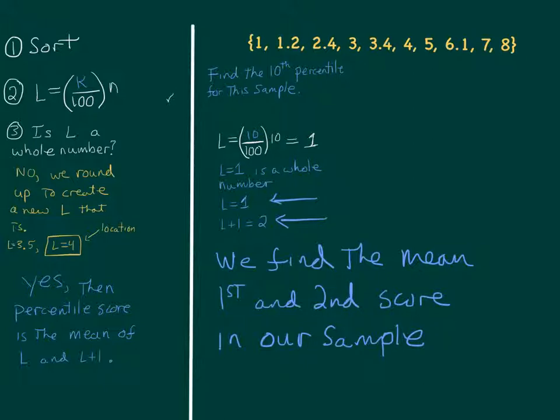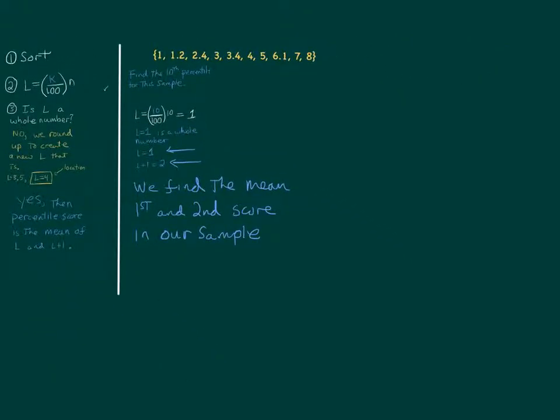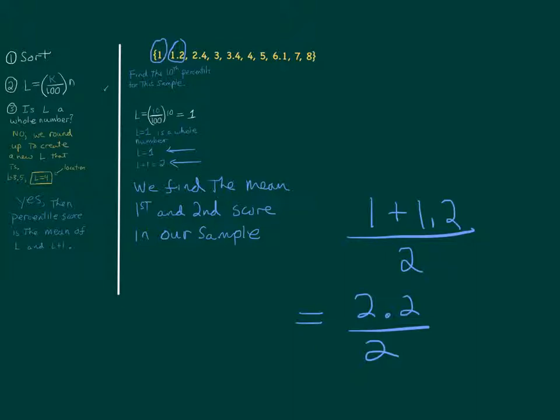So we find the mean of these two. Our first element is 1. Our second element in the sorted list is 1.2. We would add these together and divide by 2 to find their mean. So we would get 2.2 divided by 2. This is 1.1. So 1.1 would be considered our 10th percentile for this sample.